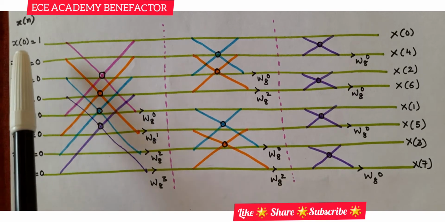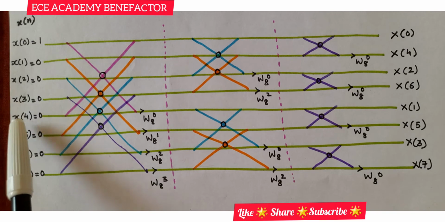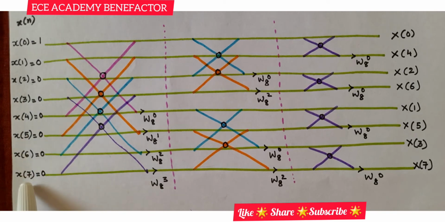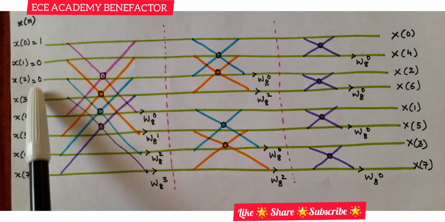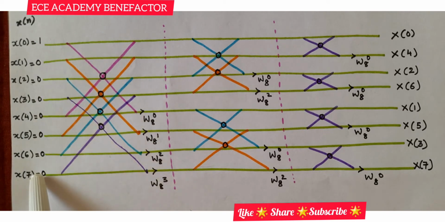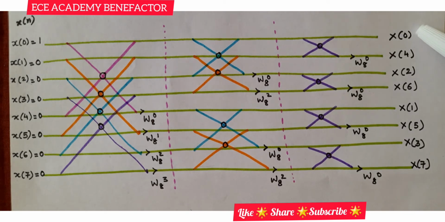So input natural order x of 0, x of 1, x of 2, x of 3, x of 4, x of 5, x of 6 and x of 7, and their values also have mentioned as 1, 000 and then 4 zeros. Okay, and at the output side, the output is bit reversal.